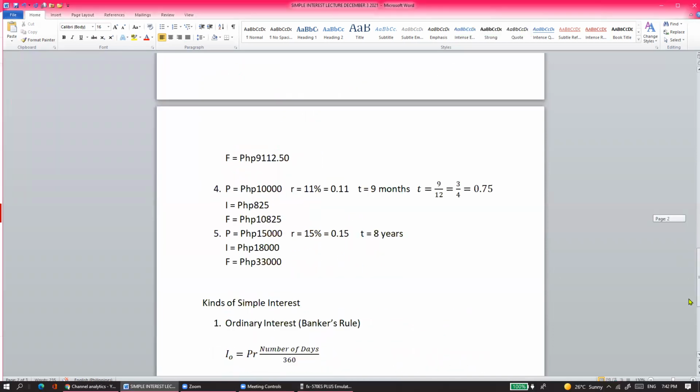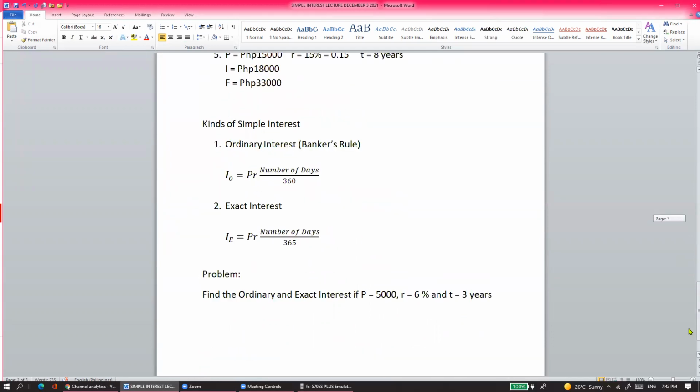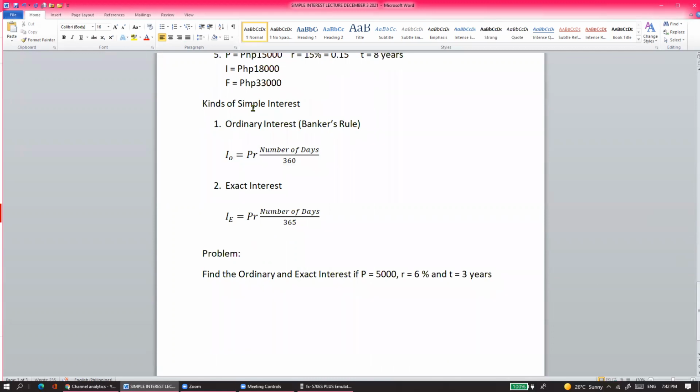Now, I need something to add with what I've taught to you last time. Okay, ganito ang simple interest pa anak, no? May dalawang klase tayo ng simple interest. Ang una, ito yung tinatawag nating ordinary interest o banker's rule. Etong pangalawa naman ay ang tinatawag nating exact interest.